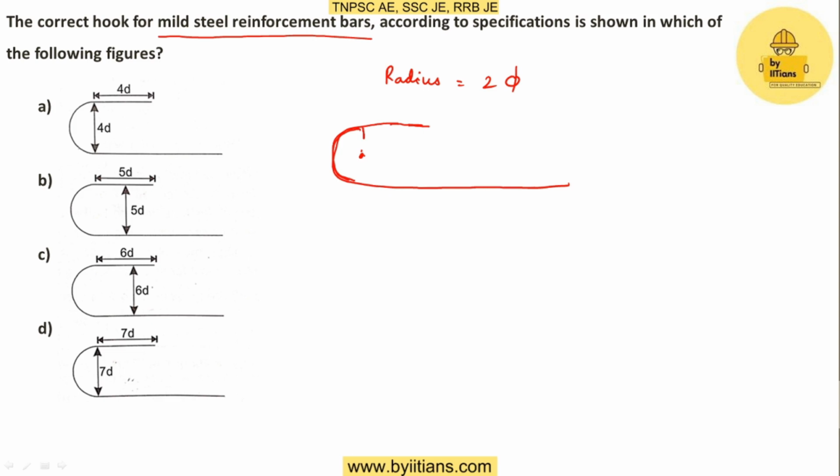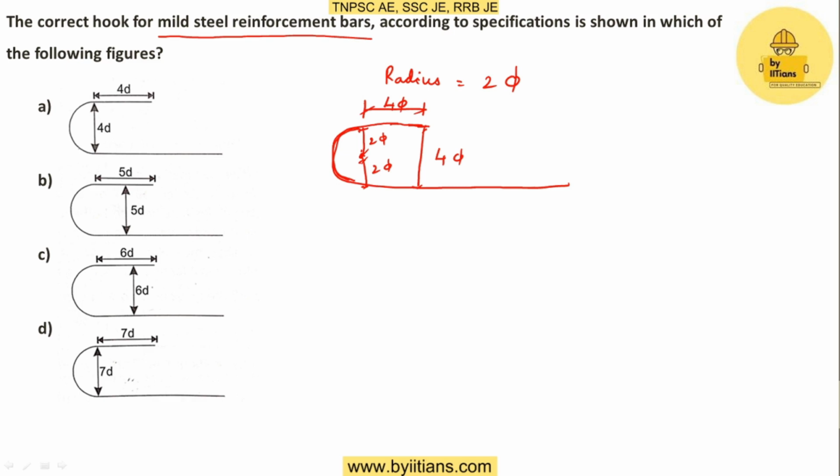So totally this is 2 phi and this is 2 phi. Correct? So totally the diameter of the hook will be 4 into dia. Then the length of this extension will be 4 phi irrespective of the type of the bar, either mild steel or HYSD bars.